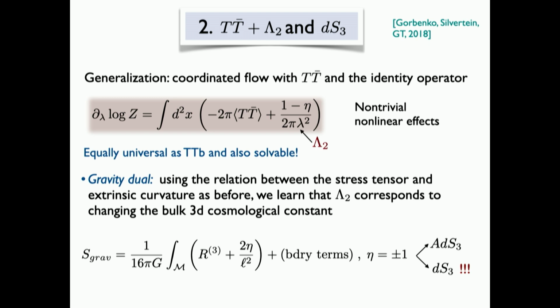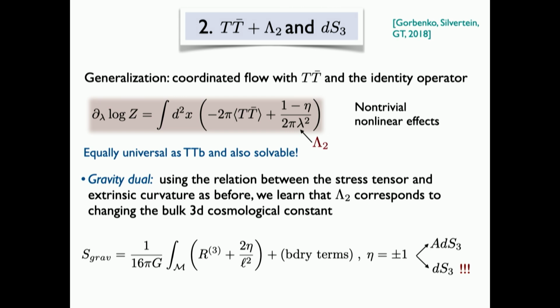But for our purpose, we'll be interested in positive cosmological constant in the bulk, and so now we understand how to get it. We just need to choose eta equal to -1. Okay, so that will correspond to dS3. So that's an important step for us because we already understand how to translate the change in cosmological constant in the bulk into a deformation on the boundary side by adding this lambda2.